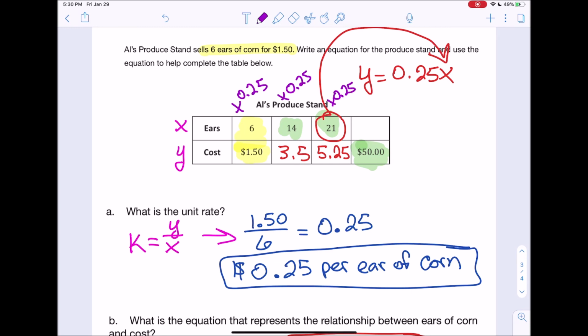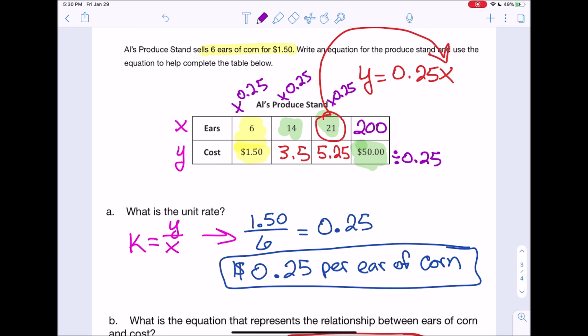So if we want to go backwards and we have y and we want to know what x is, then we divide. All we have to do is do the opposite. We're going to divide by 0.25, and that will give us what x is. So 50 divided by 0.25 equals 200.